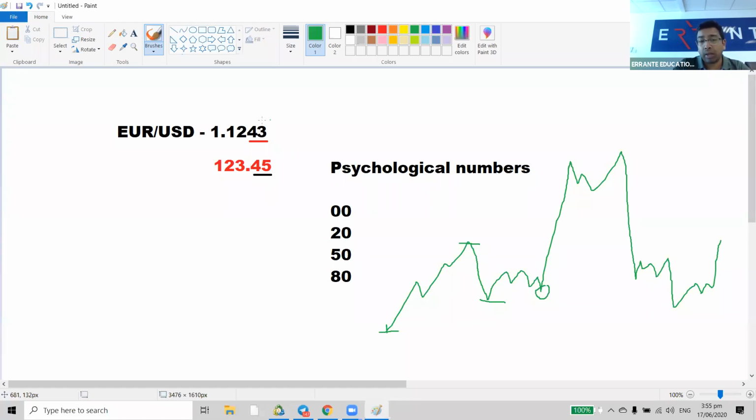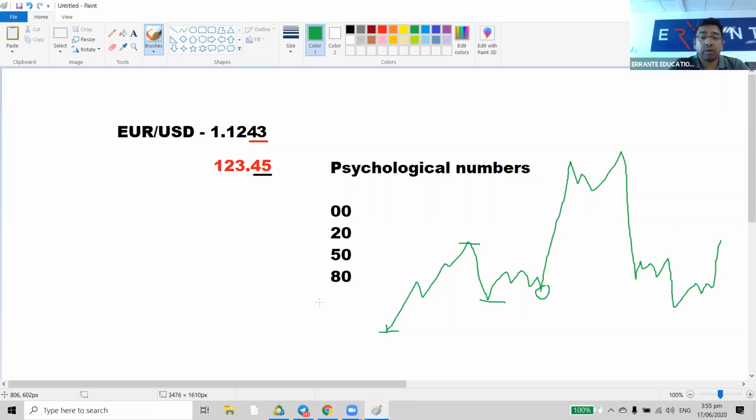So you're just paying attention to the numbers, and you want to make sure you know which of the psychological numbers I have given you the current price is closest to. I'm only using these four. I've never changed these psychological numbers for the past 10 years, and I use them until today to enter and exit the market.